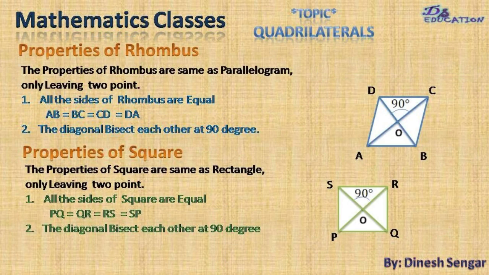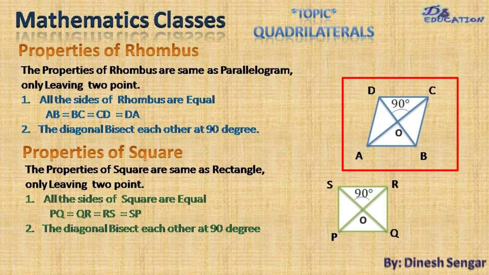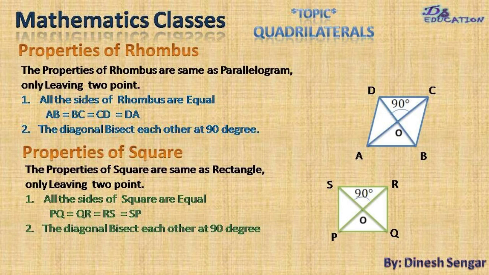If we go through the properties of rhombus, we will find that they are the same as the parallelogram. Only 2 points make the rhombus different from a parallelogram.